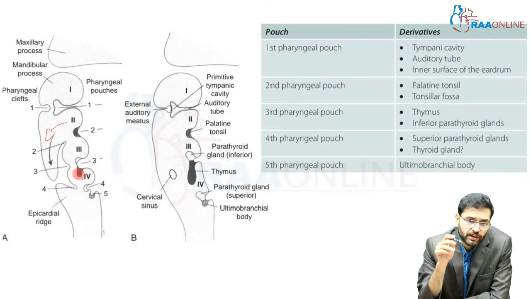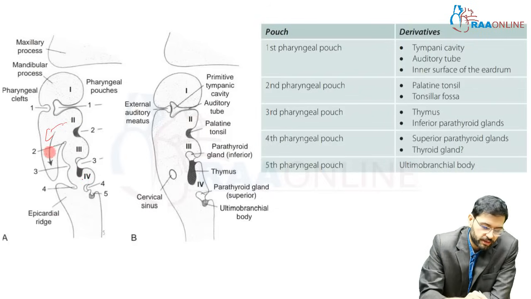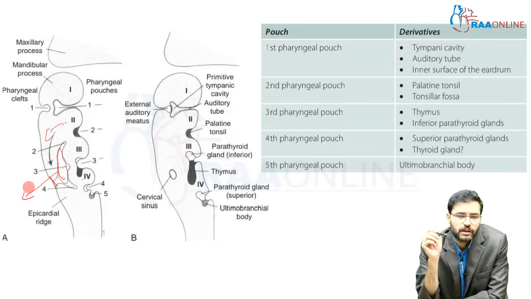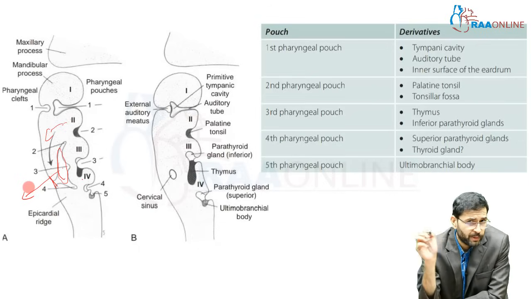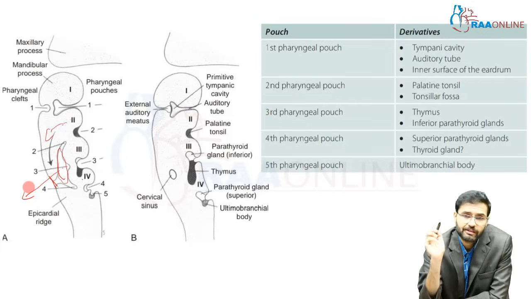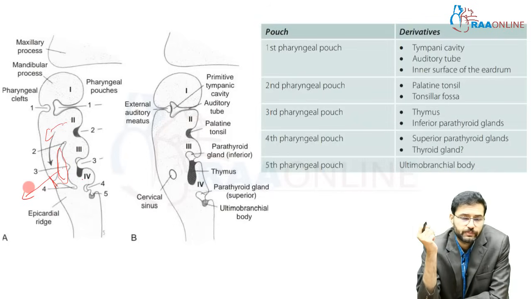This mesenchyme can fuse with the epicardial ridge, creating a small gap which is called the cervical sinus. This cervical sinus disappears normally. If it is persistent, it leads on to second branchial cleft anomalies like branchial cyst or branchial sinus if it is communicating externally.